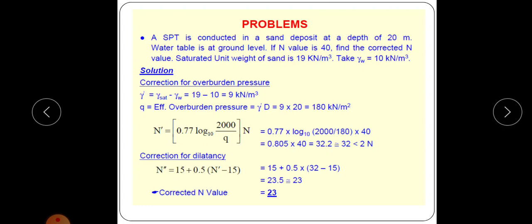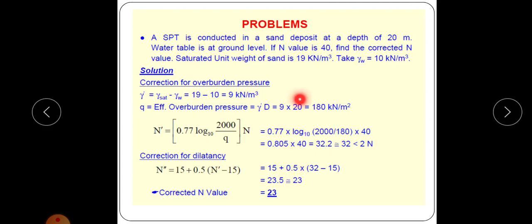Okay, so here the SPT test is conducted on a sand and the depth of that sand deposit is 20 meter. We have to do the corrections, and the water table is at ground level, so we have to consider submerged unit weight, that is equal to saturated minus unit weight of water.